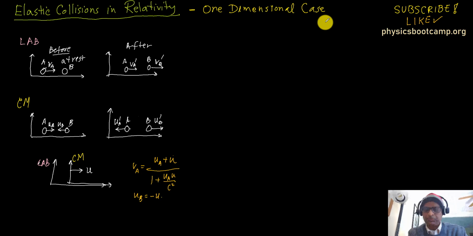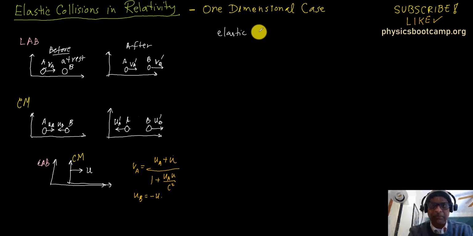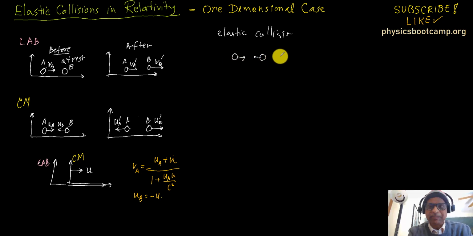There are quite a few ways to define an elastic collision. An elastic collision is a collision in which, when the particles hit each other, if objects A and B, their internal states do not change.